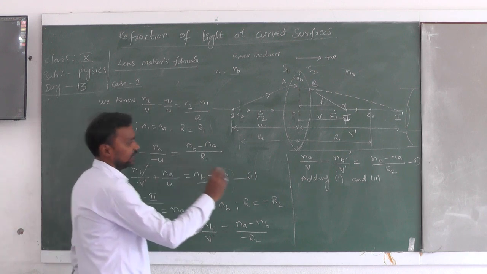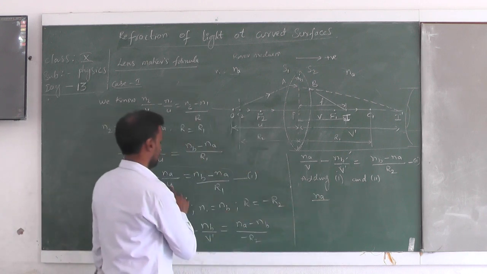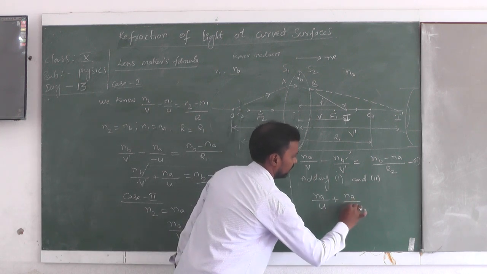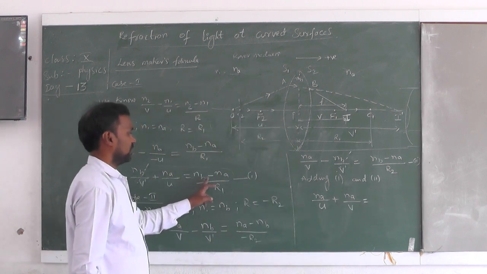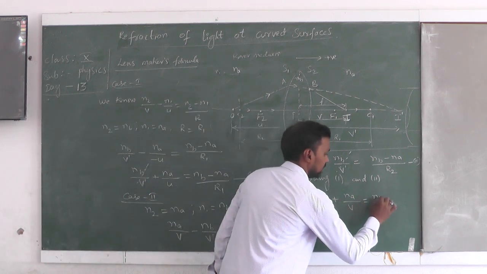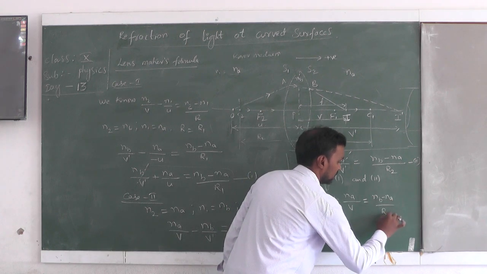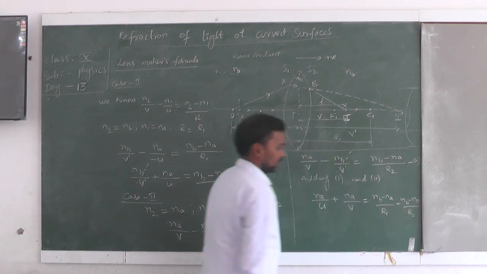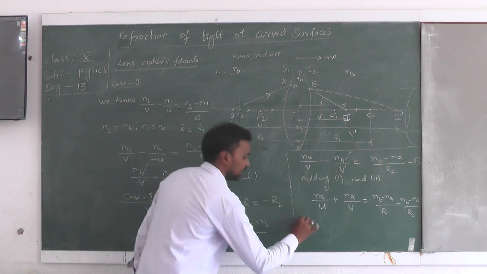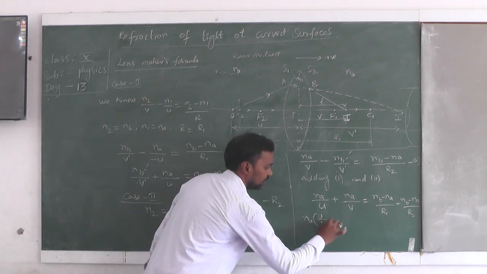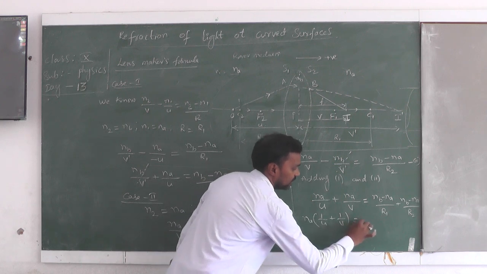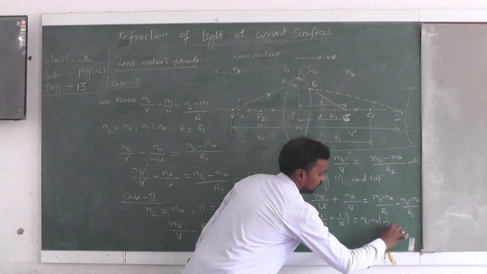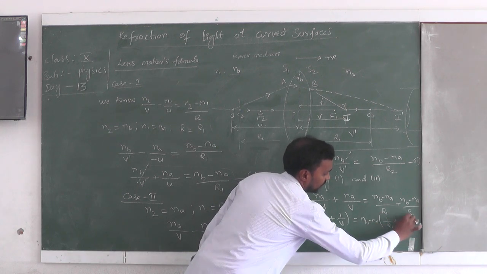Here I will be having NA by U plus NA by V is equal to NB minus NA by R1 plus NB minus NA by R2. This is the formula. I take NB minus NA common here. So 1 by U plus 1 by V is equal to NB minus NA into 1 by R1 plus 1 by R2.